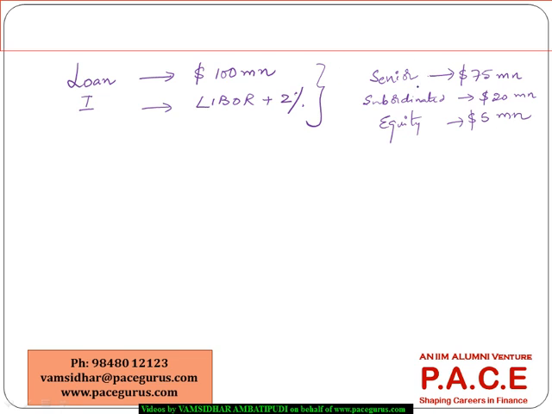Because this is a senior tranche, let me assume that the payment is only LIBOR, because the rate can be much lesser as the risk levels are much lesser here. So the senior tranche will get only LIBOR, whereas the subordinated tranche should get slightly higher, so I'll say LIBOR plus 4%, and the equity tranche will get the residual part of it.